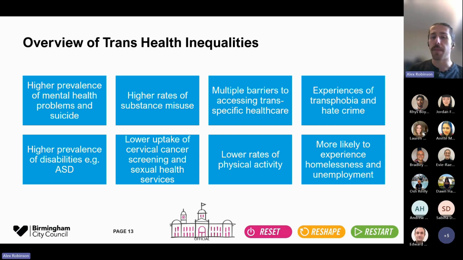There's also many barriers to trans people accessing healthcare generally, including a lack of understanding about trans-specific health, unknowledgeable or unsupportive GPs, and trans-specific health needs being ignored. But also many trans people are reluctant to use GPs and health services because of previous negative experiences and fears of discrimination.